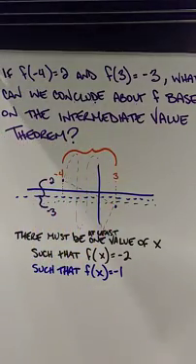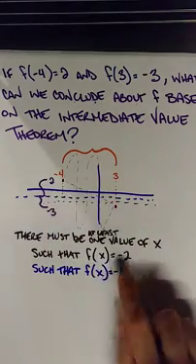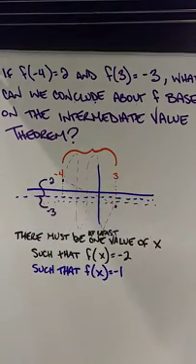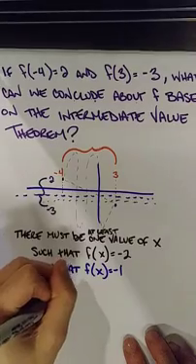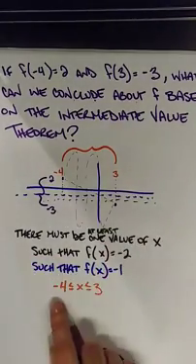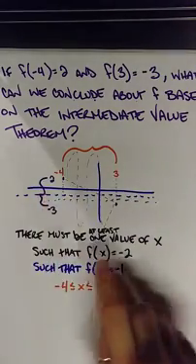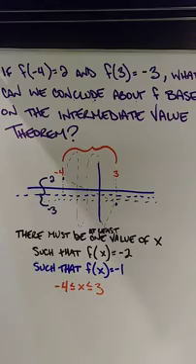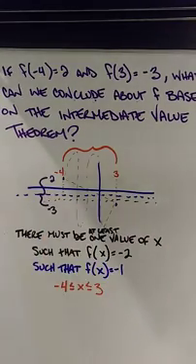The main thing is that this x value, such that f of x is -2 or such that f of x is -1, is going to have to happen in my x interval. So between -4 and 3. So at least one value of x between -4 and 3, such that my f of x, my y value, is -2. It has to happen at least once. Or such that f of x equals -1. That has to happen at least once.